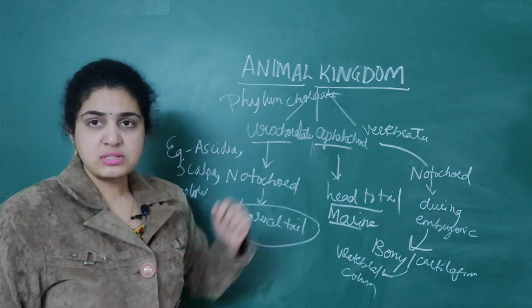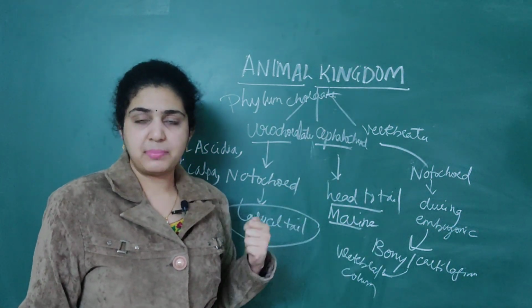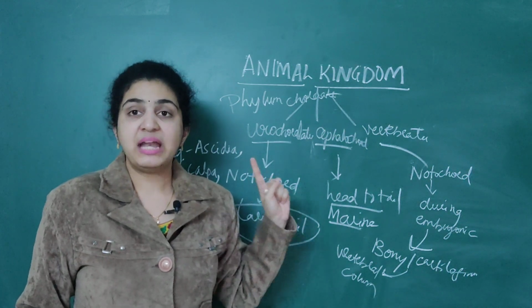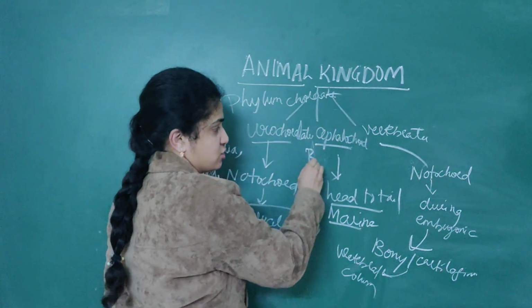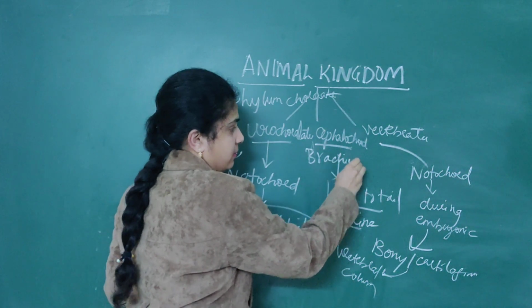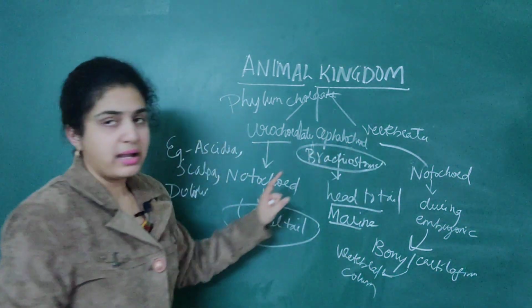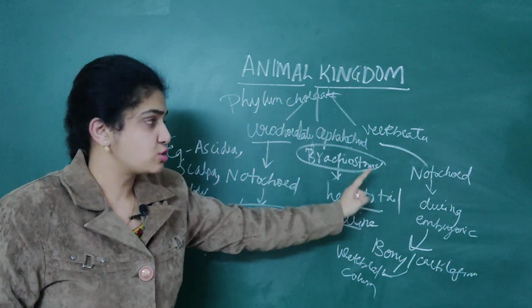Next, for cephalochordates, there is only one example, that is Branchiostoma. Only one example, that is Branchiostoma.